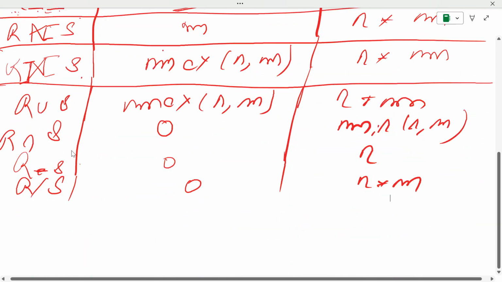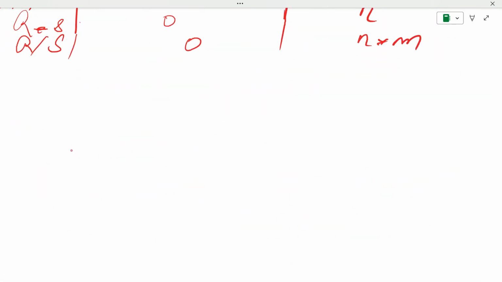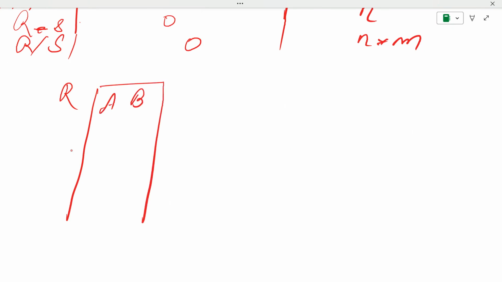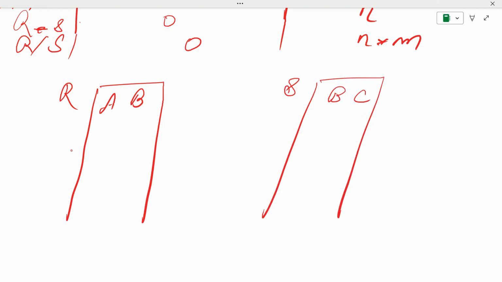Let's say we have relation R consisting of A and B, and relation S consisting of B and C, and B is the common attribute between these two. R has B values 2, 3, 4, 5, and S has 2, 3, 4.